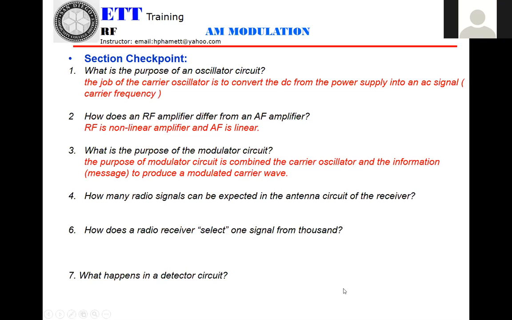The purpose of the modulator circuit is to combine the carrier oscillator and the information, or they call it a message, which is basically just your voice, to produce a modulated carrier wave. Keep reading over until you can talk without looking at any paper.